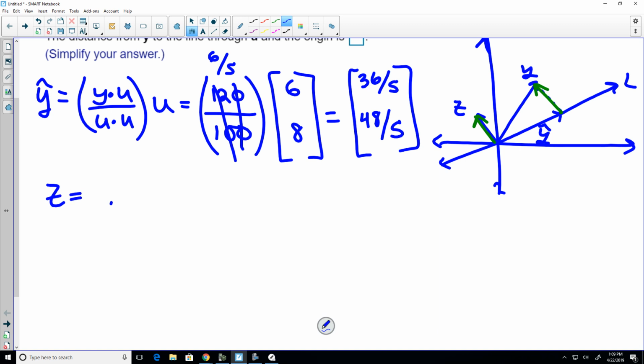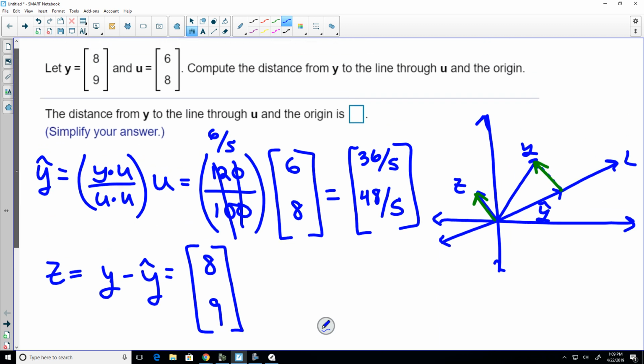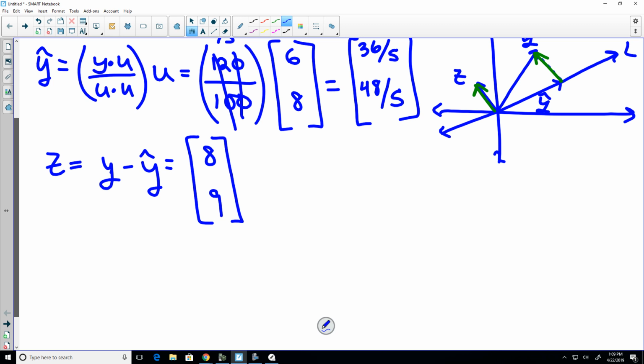So again, z is y minus y hat. So now I'm questioning everything. Y is 8, 9, that's right.